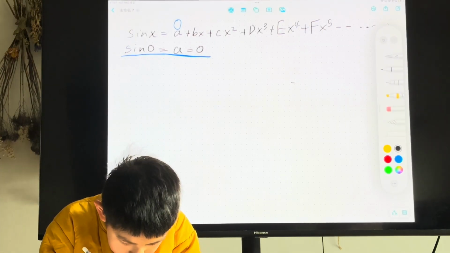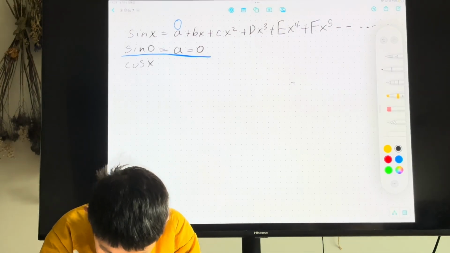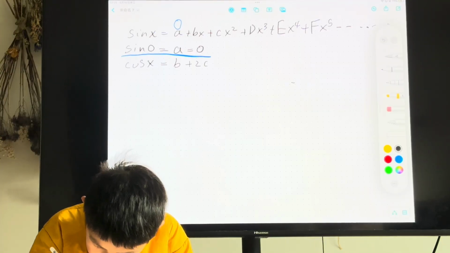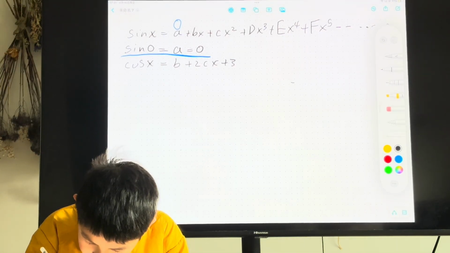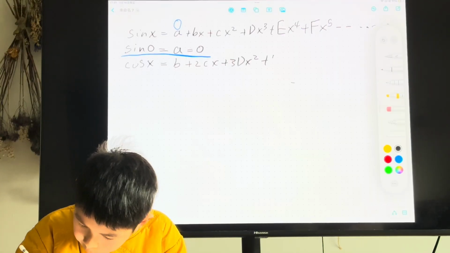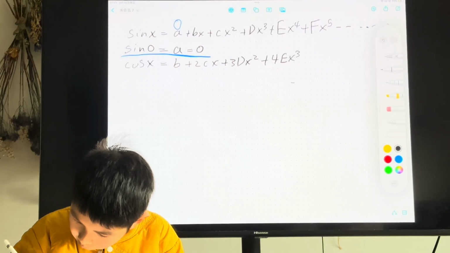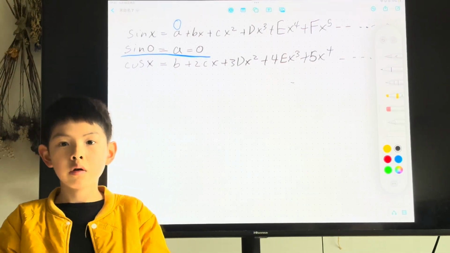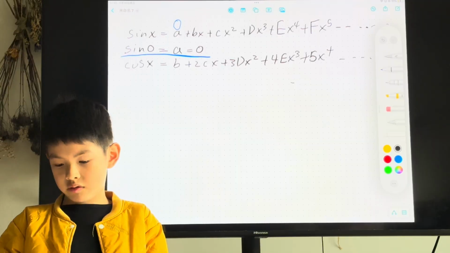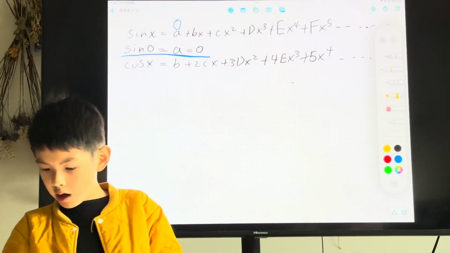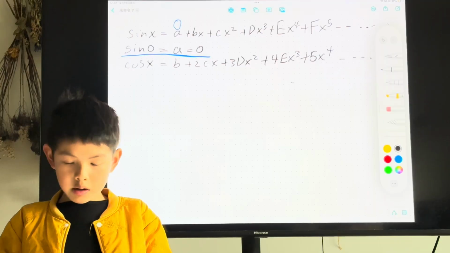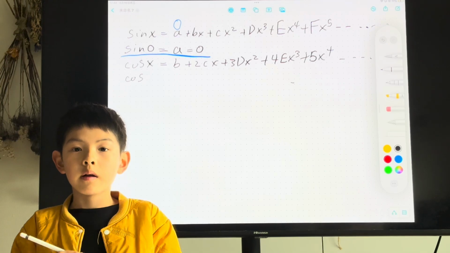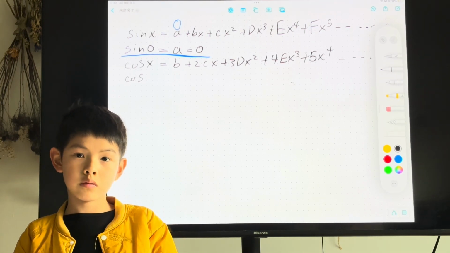And now we take the derivative of both sides. Since the original functions are equal, their derivatives must also be equal. And now we plug in 0 for x again. How to calculate the derivative of each term?